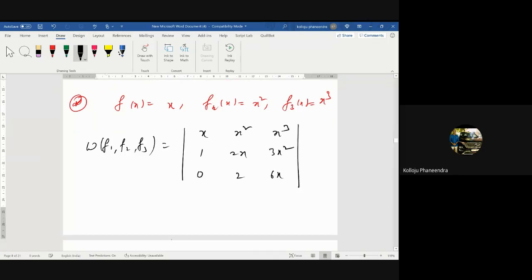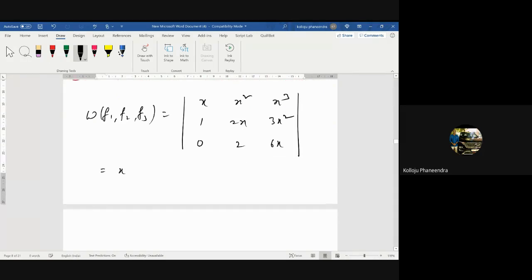Now its evaluation: x into 12x square minus 6x square, next minus x square. I can evaluate by using the first column.